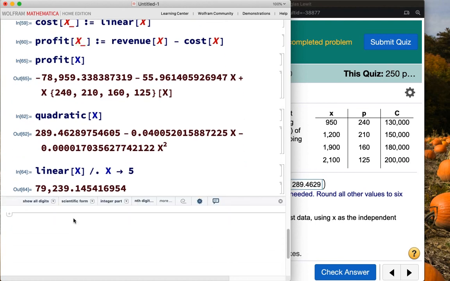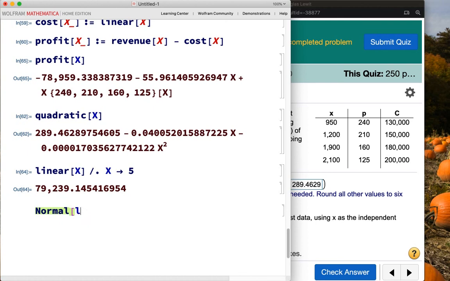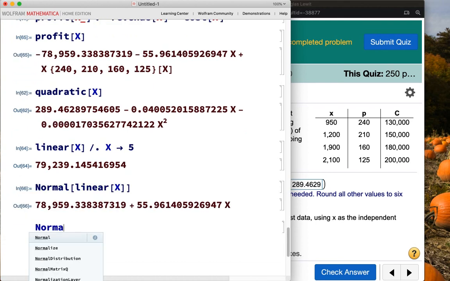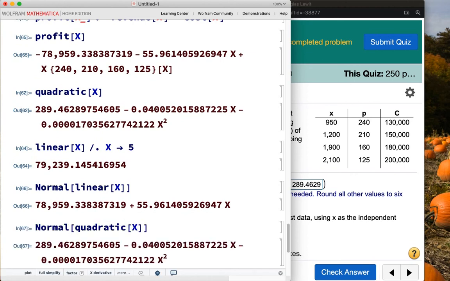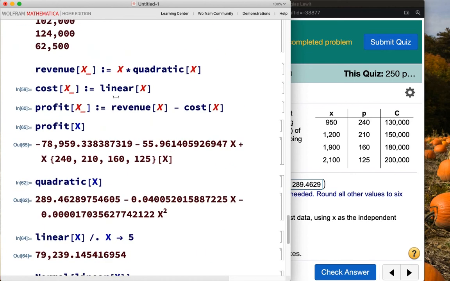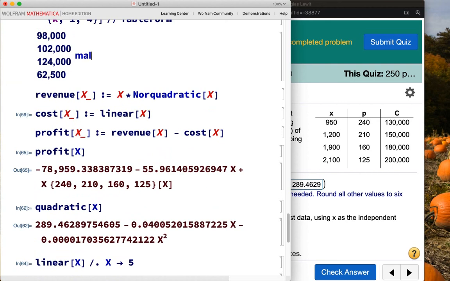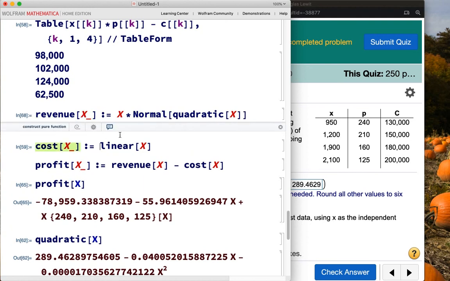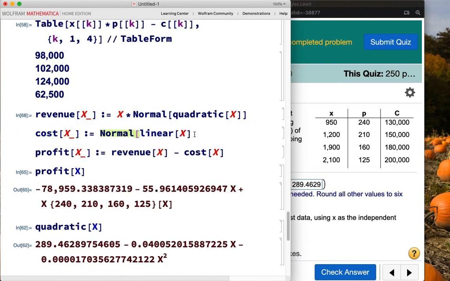So if I were to do normal, linear of x, normal, quadratic of x, let me try that, because that should not be happening. Okay, so profit of x is equal to, this will be normal quadratic of x, this will be normal linear of x.